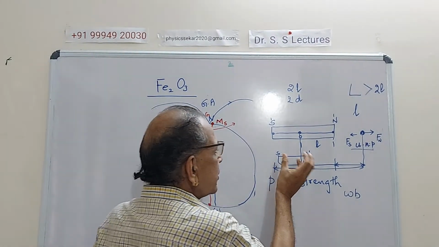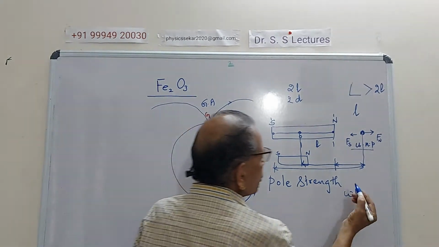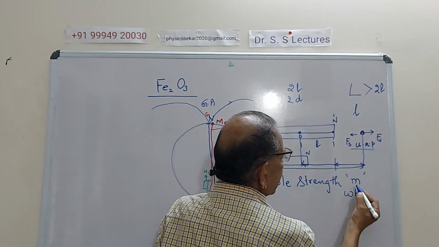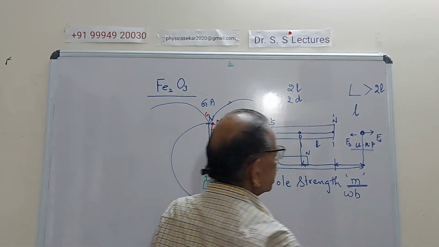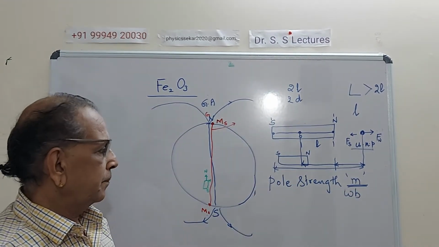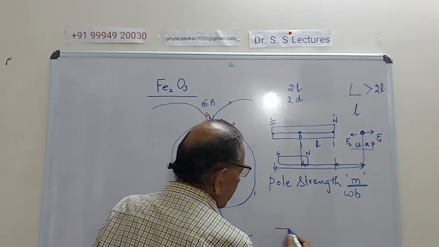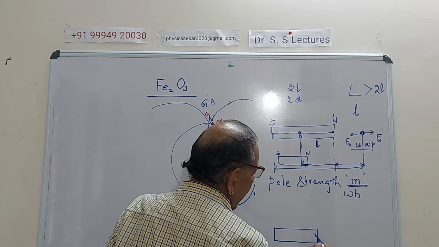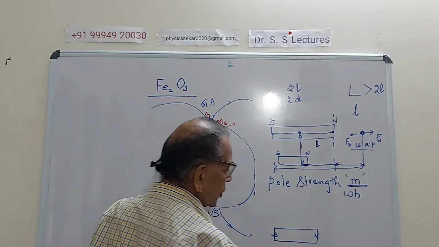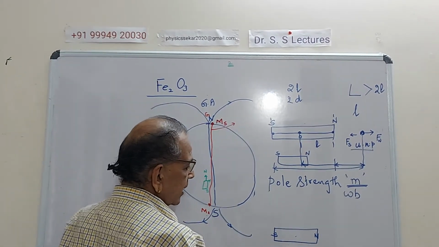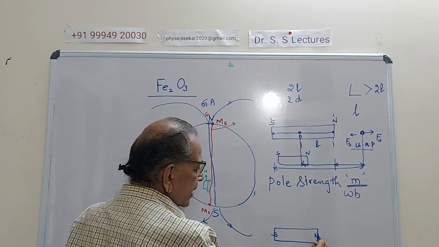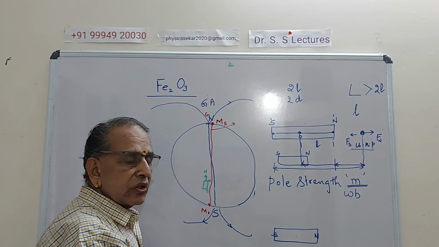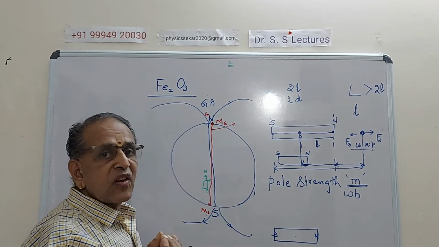So this is a simple structure, and this pole strength is represented by a small letter m. Okay. When you take the small magnet, a bar magnet, and when you say this is the north pole, this is south pole, etc., this is the center, we find that the imaginary lines of force are called the flux.